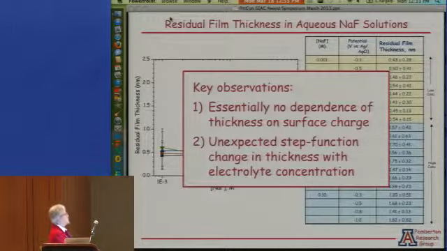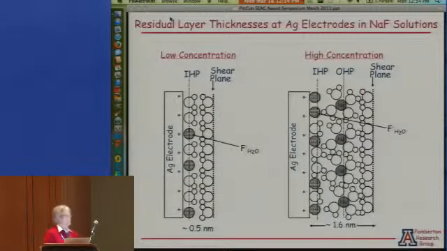And there is an unexpected step function change in thickness with electrolyte concentration. At that point, we had some very unexplained results, and we set about what turned out to be a multi-year quest through all kinds of different types of literature to understand this. The interesting thing is that you then develop these pictures of the electrochemical interface in the regimes of low concentrations and high concentrations.